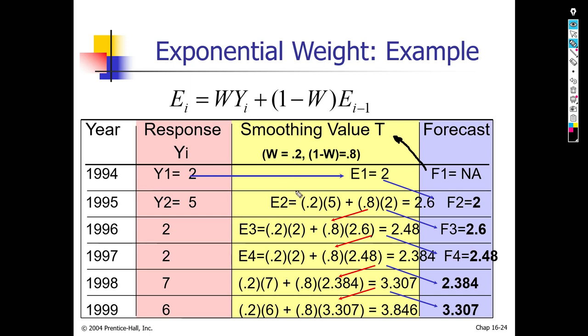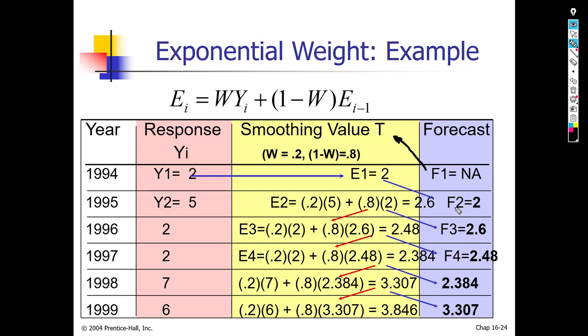W is 0.2 multiplied by Y2, which is 5, plus 0.8 multiplied by E2 minus 1. E2 minus 1 is equal to E1, which is 2 here. If you solve this, you will get 2.6.